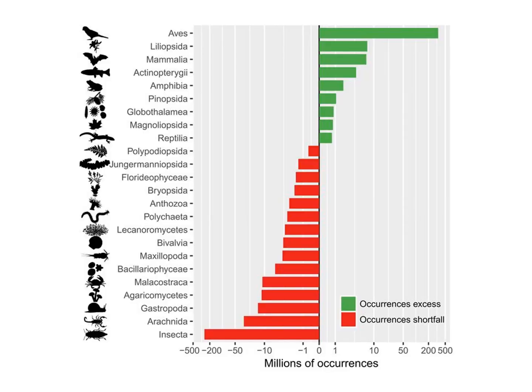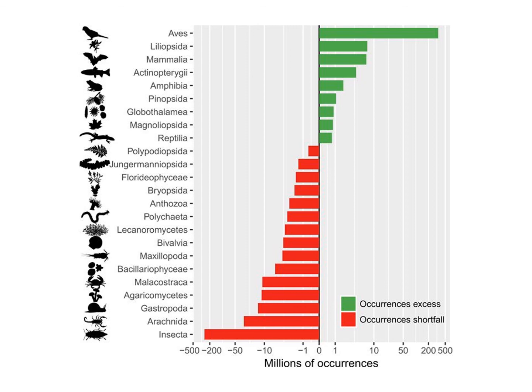This graph came from a publication that combed through the biological literature and compared how many papers were published based on studies of certain taxonomic groups and compared that to known and expected biodiversity.